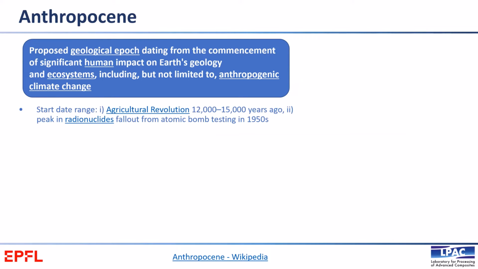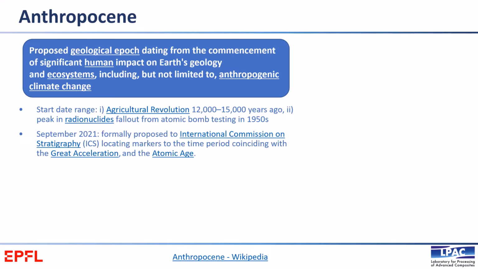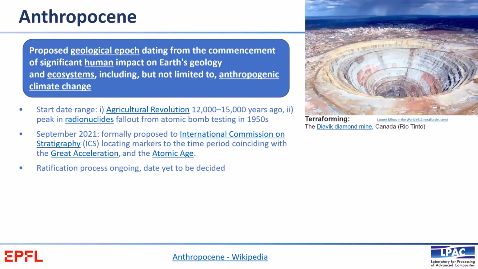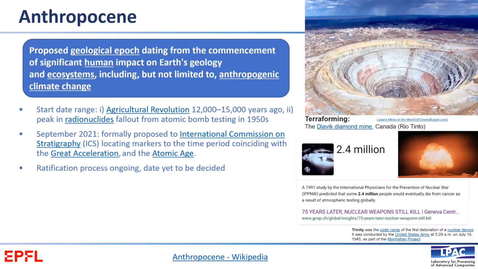And this is still being ratified, but basically they're proposing, most likely, it starts with the introduction of the atomic age, because in the 1950s, they conducted all these atmospheric nuclear tests, and that is now present in the geology of the Earth, okay? And it's caused, this might shock you, 2.4 million deaths as a result of that atmospheric testing, okay? People don't talk about this.